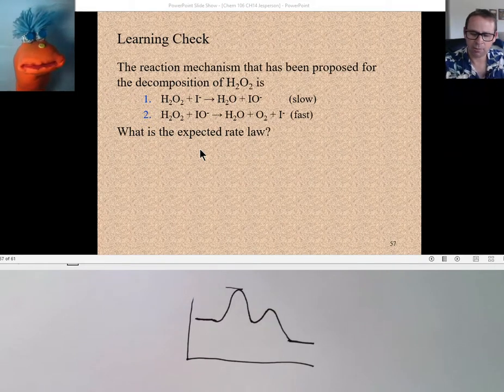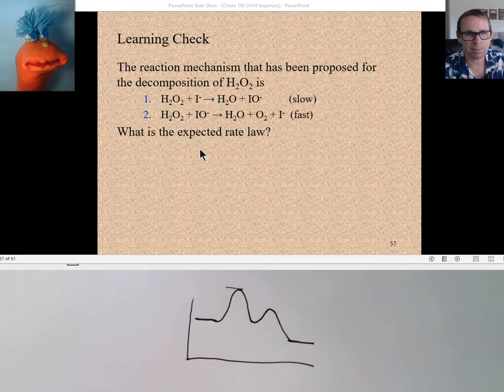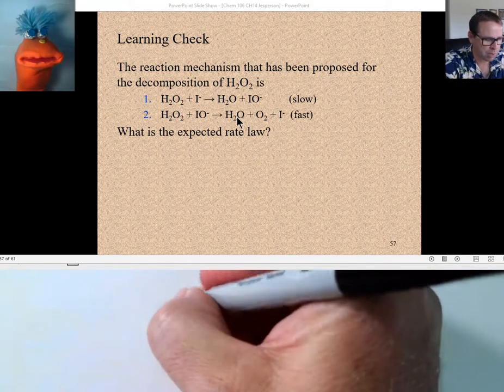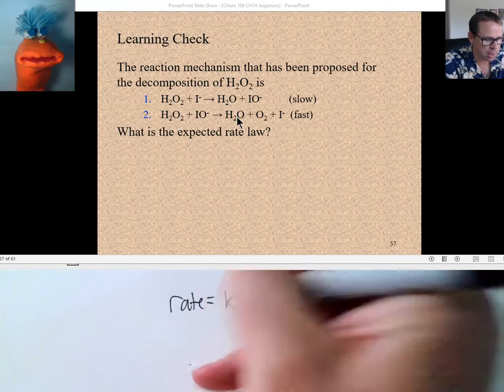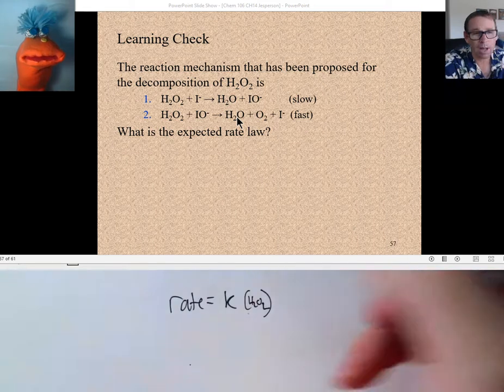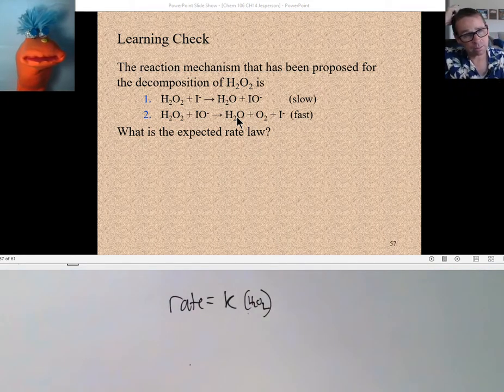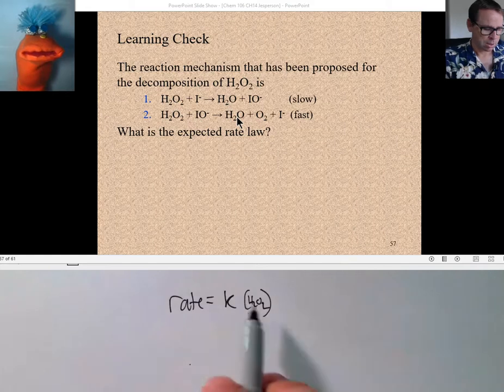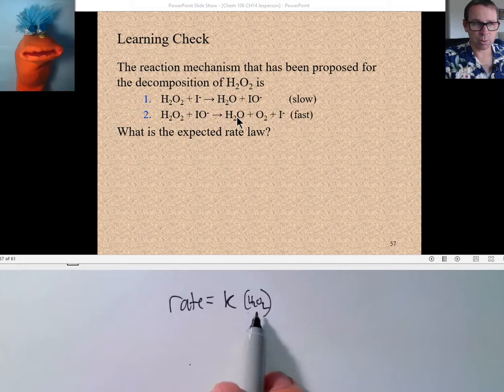So if we have mechanistic steps here and we want to write the rate law for the reaction, usually what we would do is say rate equals k times our reactant here, hydrogen peroxide. Now, I minus is a catalyst, so we're not going to include it, all right? Although the rate of the reaction will be dependent on its concentration, okay? But I'm just going to include the rate based on the concentration of hydrogen peroxide at this time.